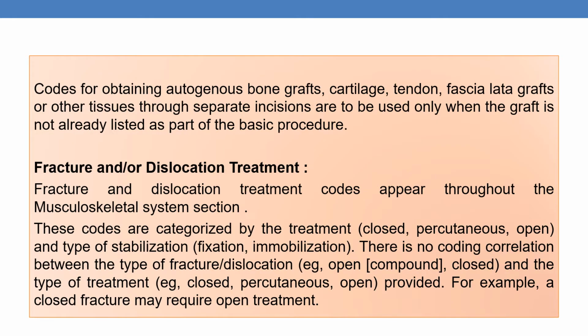Next, coming to codes for obtaining autogenous bone grafts, cartilage, tendon, fascia lata grafts or other tissues through separate incisions, these are to be used only when the graft is not already listed as part of the basic procedure.